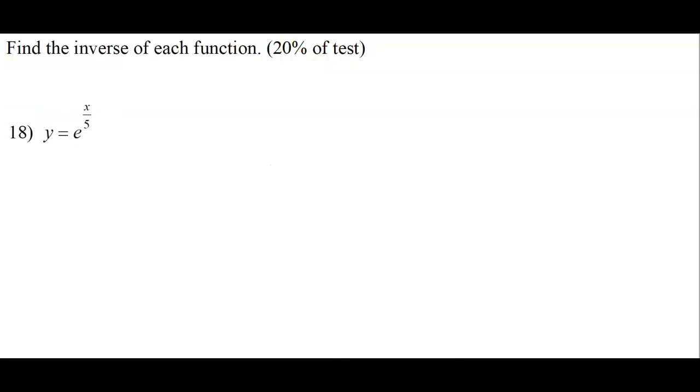Number 18. Another inverse. Switching the x and y around. On this one, I want to get rid of the e. When you want to get rid of an e, you need to log both sides. The way we do that with an e is with an ln. So we're going to ln both sides.